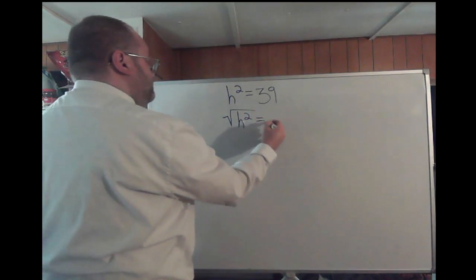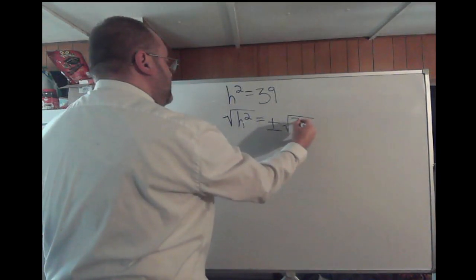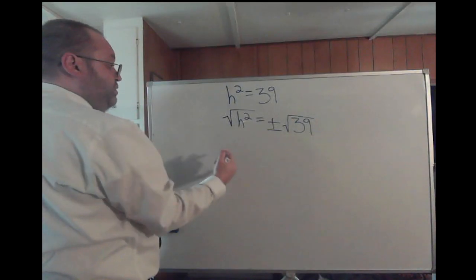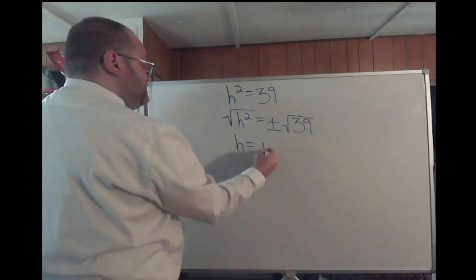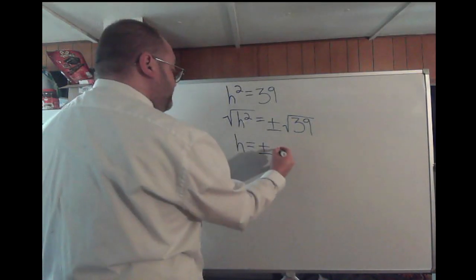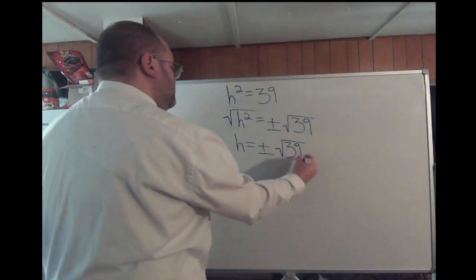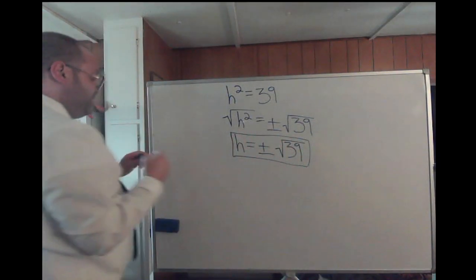We'll set that equal to plus or minus the square root of 39. Well, on the left side, square root of h squared, that's just h. That'll equal plus or minus, well, the square root of 39, that's not a perfect square, so you'll just be left with the square root of 39. So h is equal to plus or minus the square root of 39.